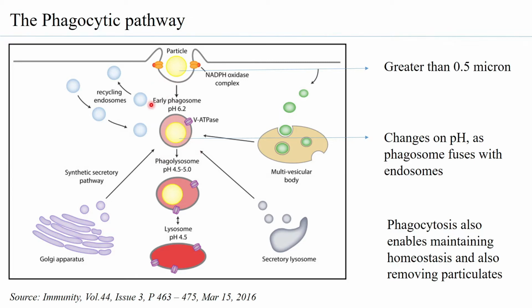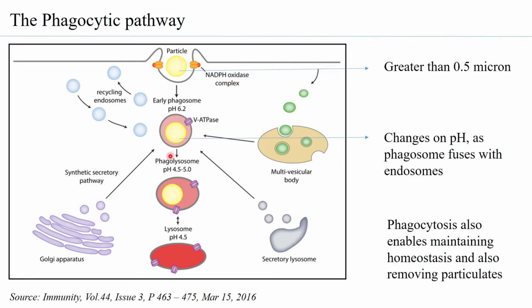In many cases, what has been observed is that phagocytosis is also through receptor mediated endocytosis, which means that there are certain receptors present on its surface. The foreign particulate matter would have to bind to the receptor, and then the receptor-ligand complex would be endocytosed to form what is called the phagosome.